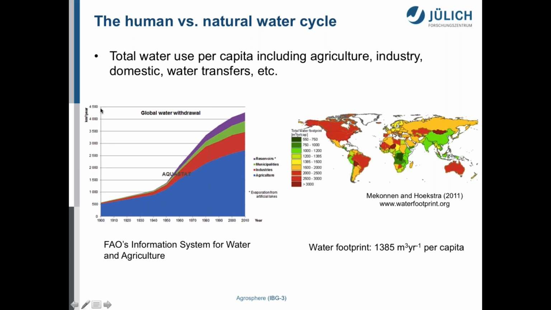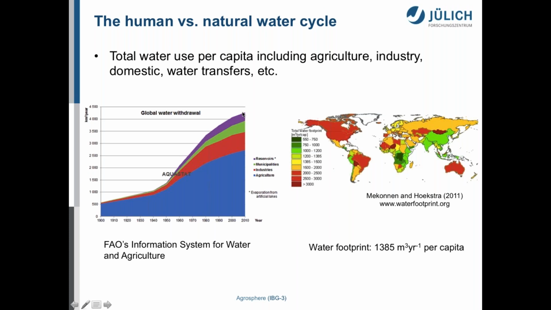And on the y-axis, you see the cubic kilometer withdrawals per year for different sectors like agriculture, industry, and municipalities and reservoirs. So from this information, we see that in total we are around 4,000 to 4,500 cubic kilometers per year globally. So this is a global estimate.